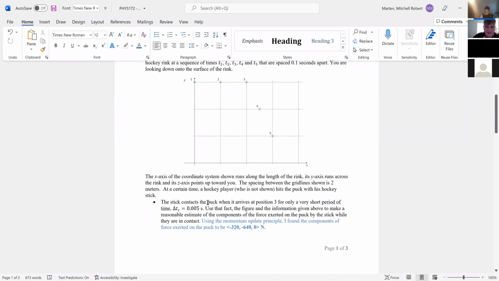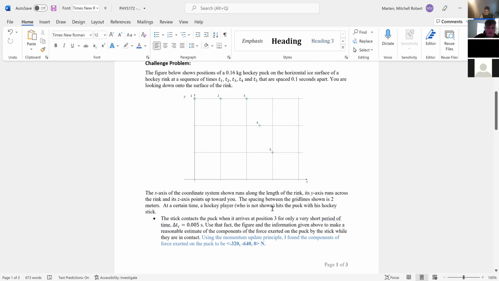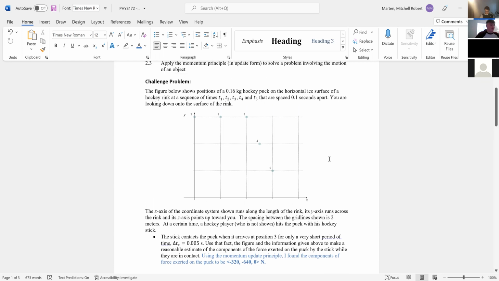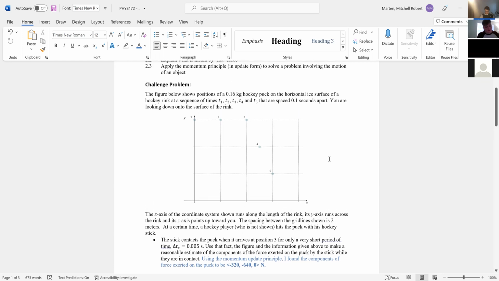So basically, I used the momentum update principle, which is what they've been teaching us in lecture all week. And I found the components of the force exerted to be -320, -640, and 0 newtons, respectively. And I've got all the work right here. Basically, I found the average velocity because we know that each dot is spaced 0.1 seconds apart.